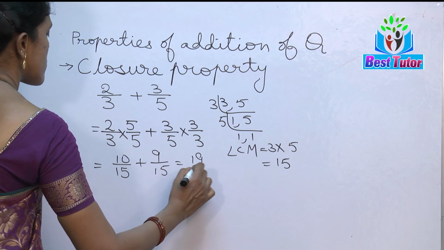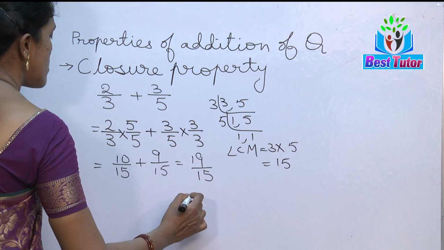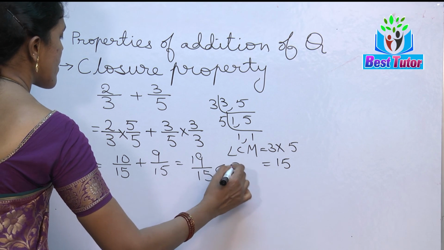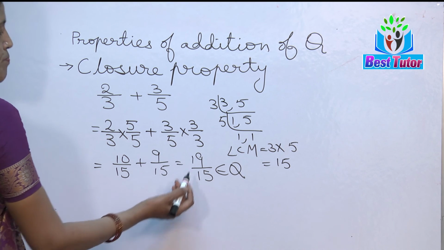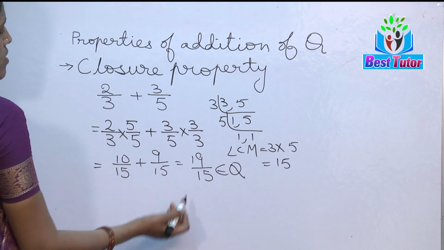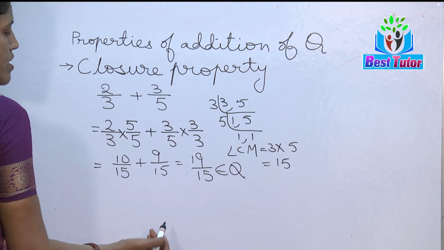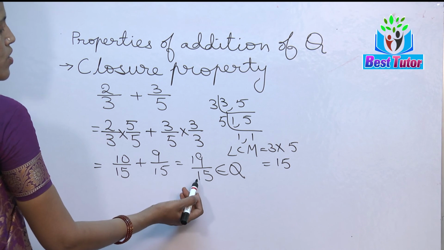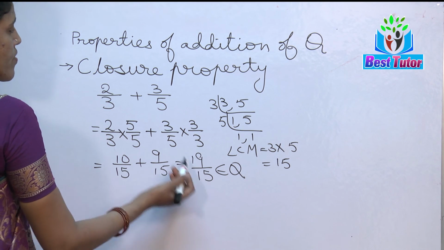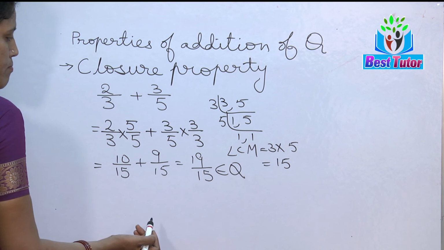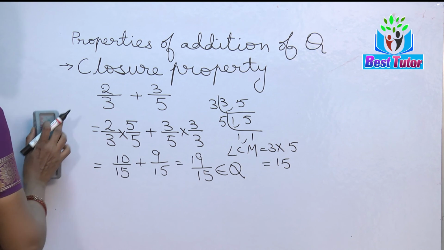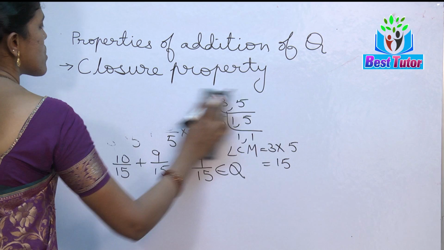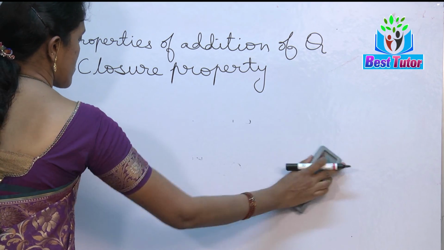As a result, the answer is 19 by 15, which is also a rational number because it satisfies all the three conditions. It is in the form of a fraction. Both the numerator and denominator are integers and the denominator is not equal to 0. Therefore, sum of any two rational numbers is a rational number. This is a closure property of addition of rational numbers.